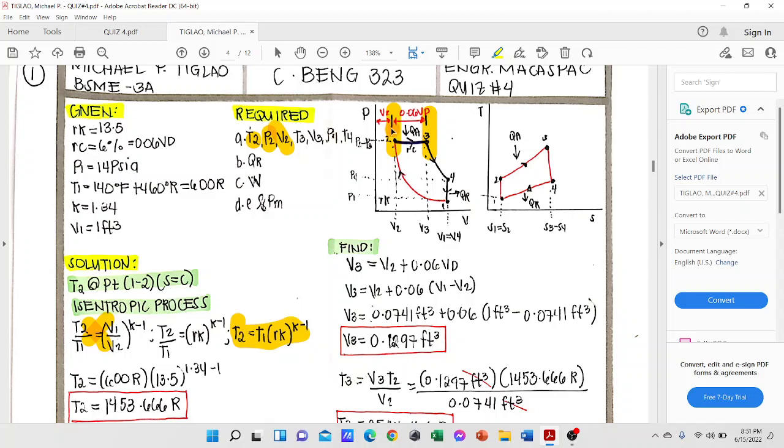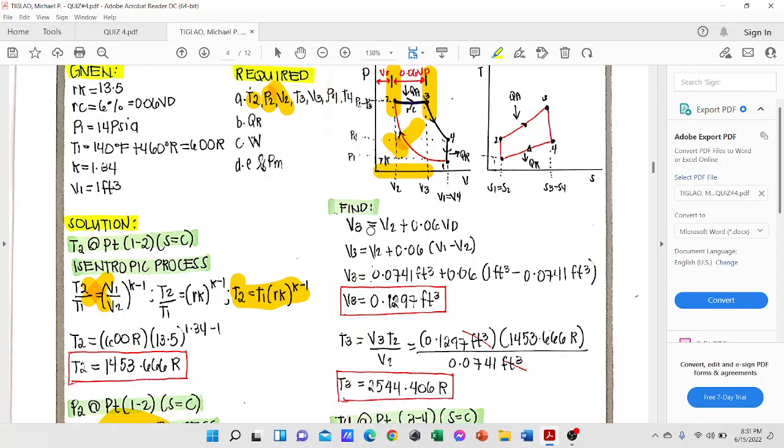Kung titignan natin sa diagram, dito is V2. And kapag minultiply natin siya sa RC na 0.06 VD, makukuha natin yung V3. Magsimula dito hanggang dito is equal to V3. Para makuha natin yung V3, V2 plus 0.06 VD.